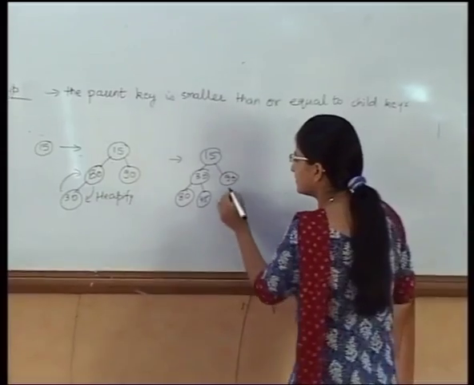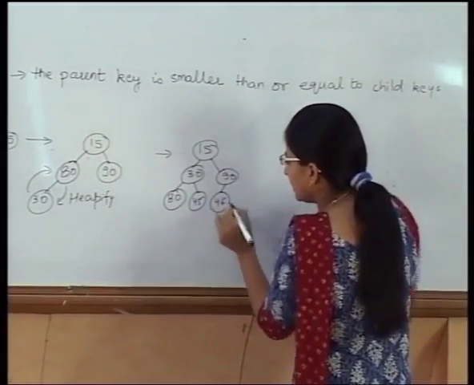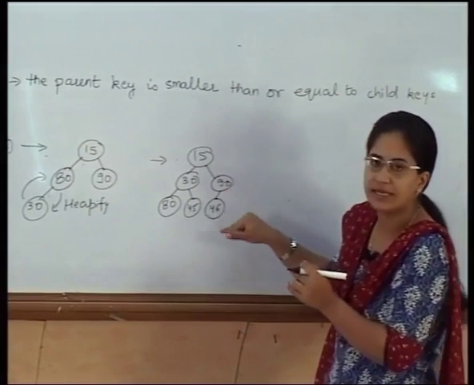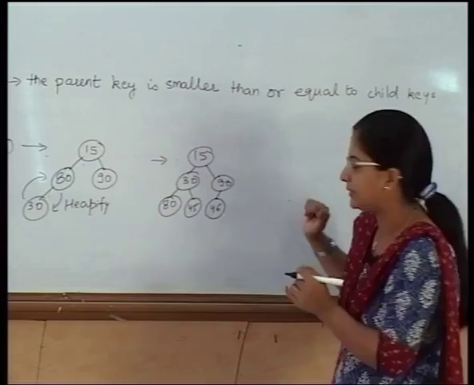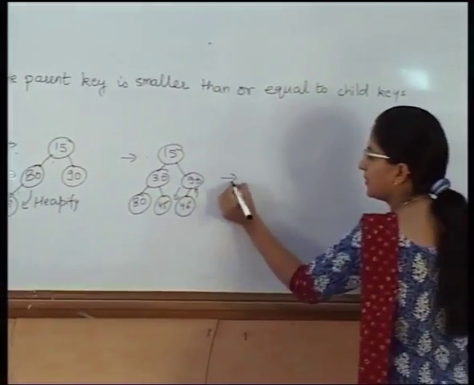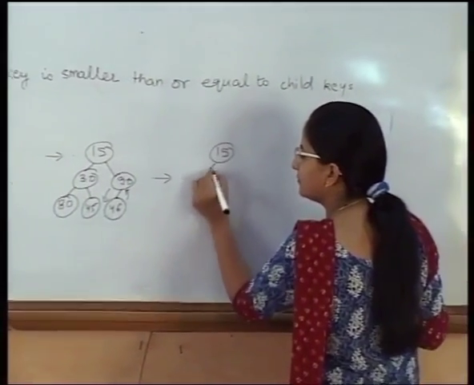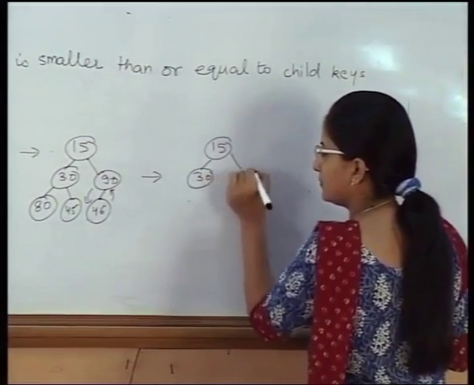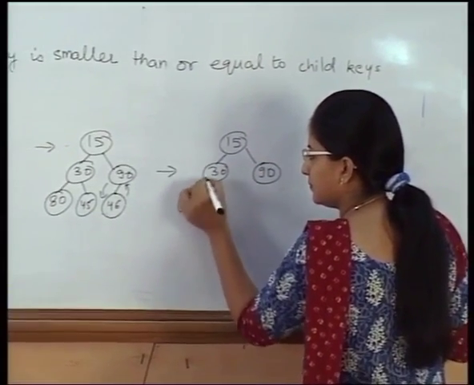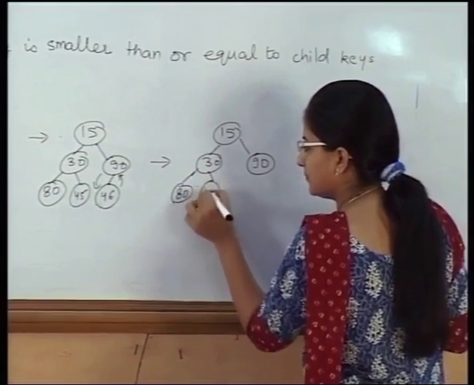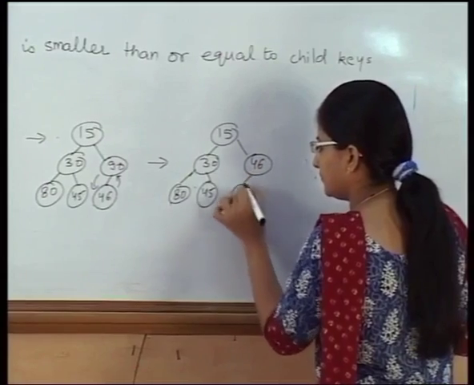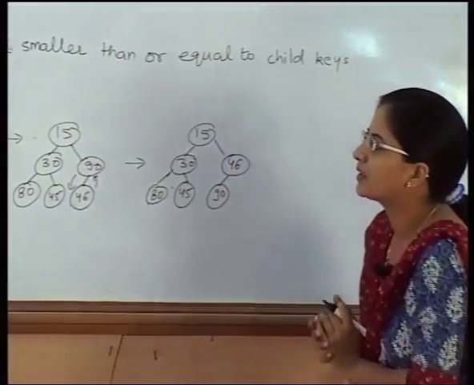Next 46. Again here the property is failing. Again heapify will be called and swapping of keys will take place between the parent and the child key. So the resultant will be this.